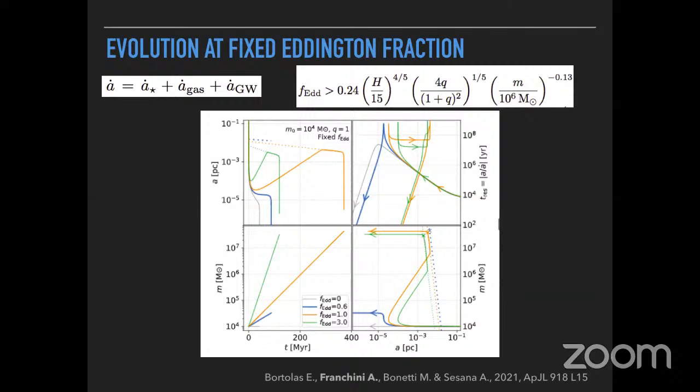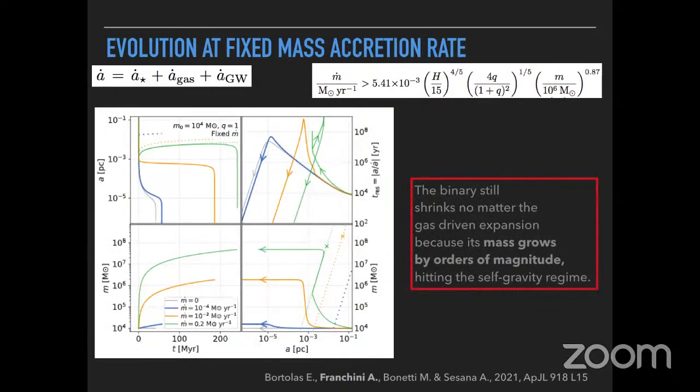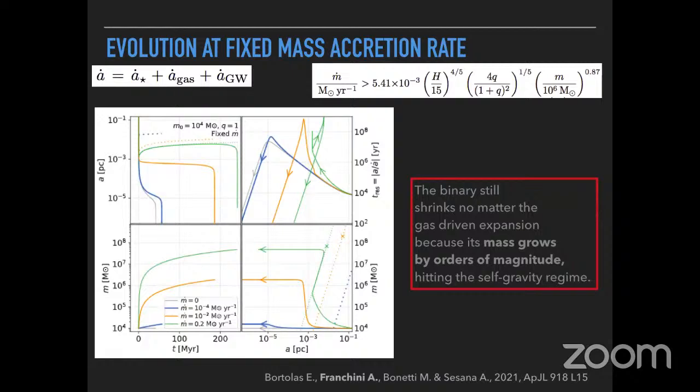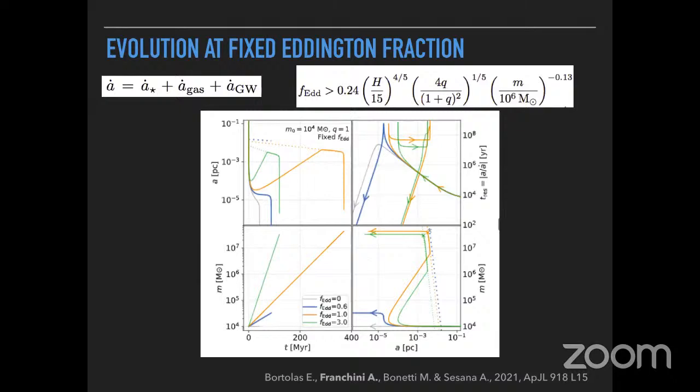Lawrence? I have a question about the slide before, where you showed the final mass. You showed us the cases where you have 0 accretion, 0.6 Eddington, and 1 Eddington. I would think that most black holes are somewhere between 0 and 1, let's say most AGNs at least at redshift 2.